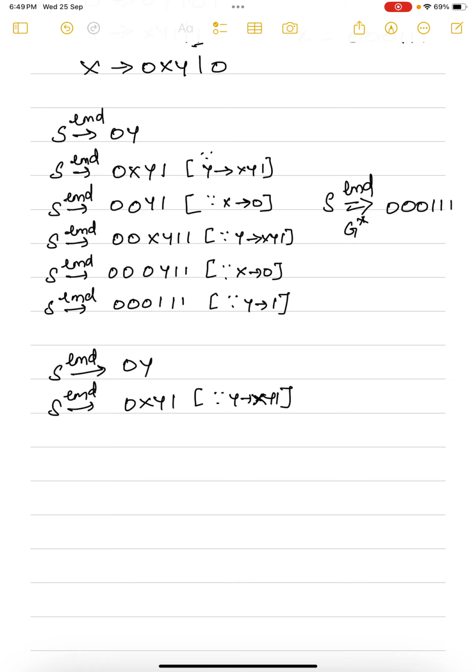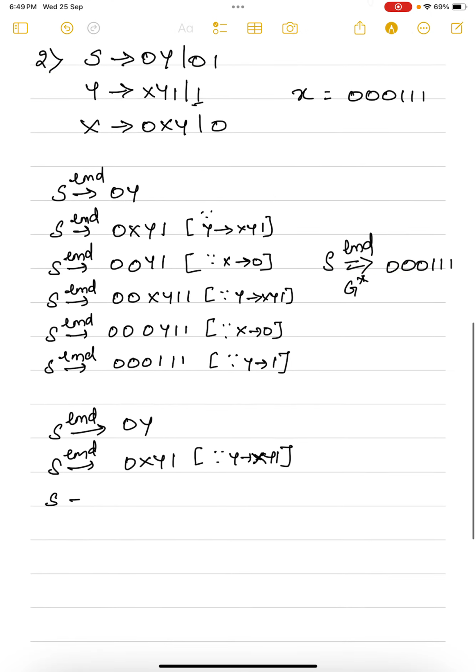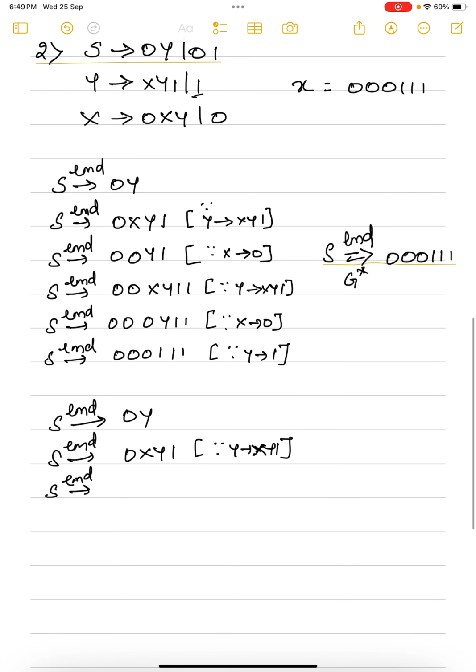Now for this X, instead of 0, we can use the production 0XY. So 0, again 0XY for this X, again Y1. Now if we replace like this, since you have a production X goes to 0XY, I am replacing this X with 0XY.